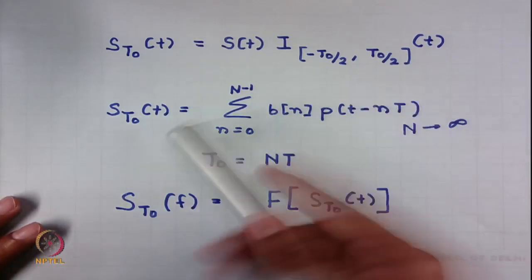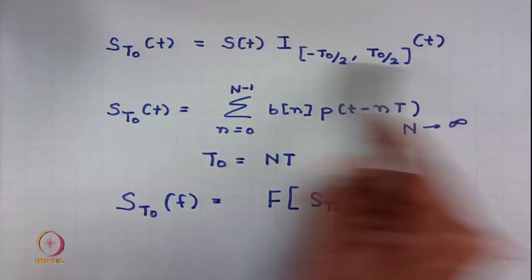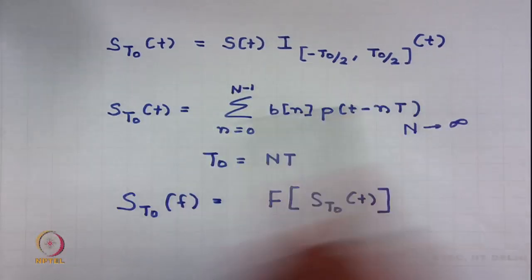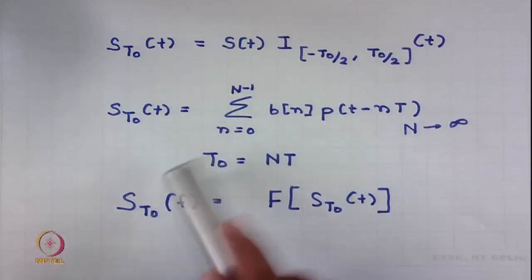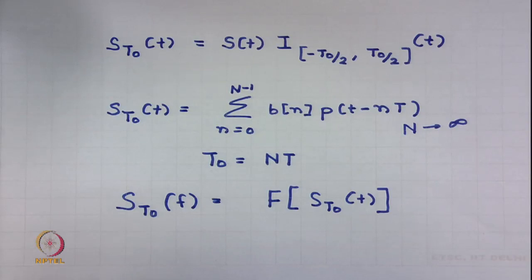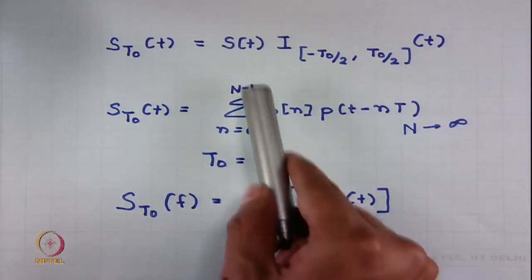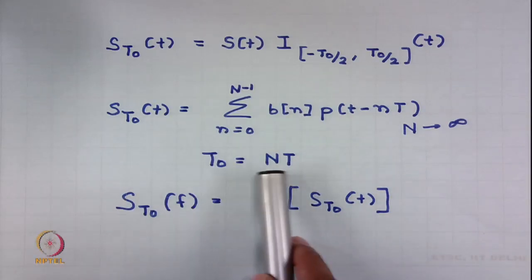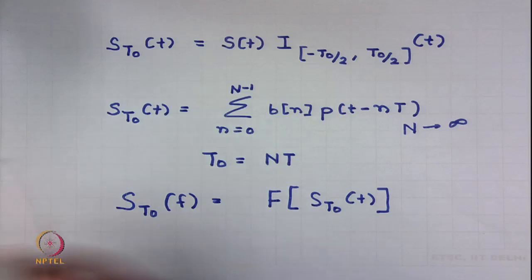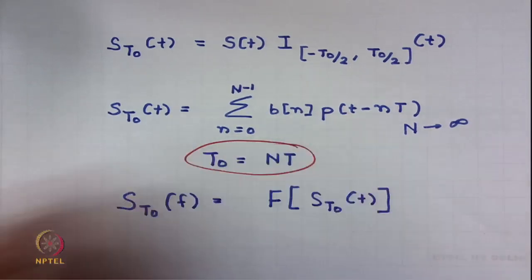Okay. It is just dealing with mathematicians, nothing else. We are just trying to make this waveform only exist for a finite duration. So, the total duration we said is T0, and if I have N samples and the difference between the two samples is T, the total duration would be N times T. It is a good idea to note this down, that T0 is NT.